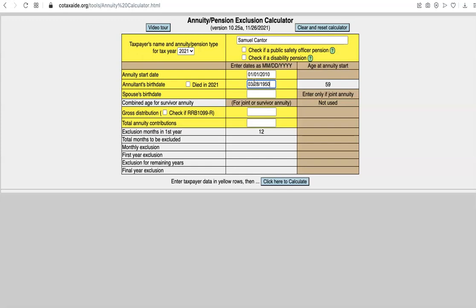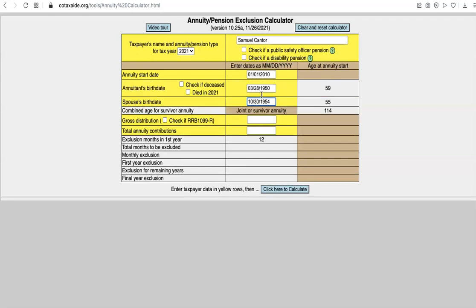And the spouse's birth date, and it says enter only if a joint annuity. This is a joint annuity, so Naomi Cantor's birth date is October 30th, 1954. There's our 114.